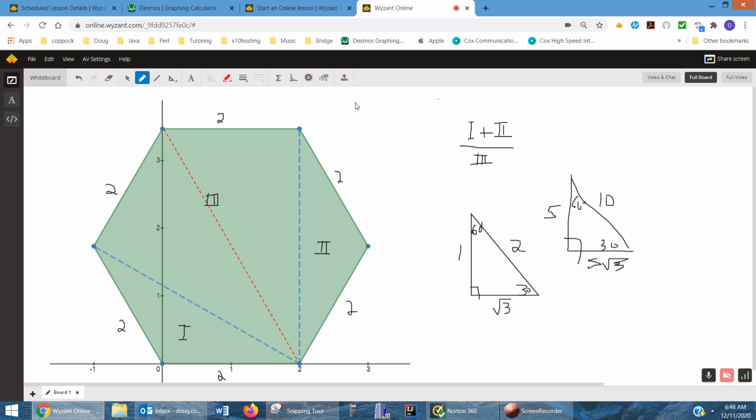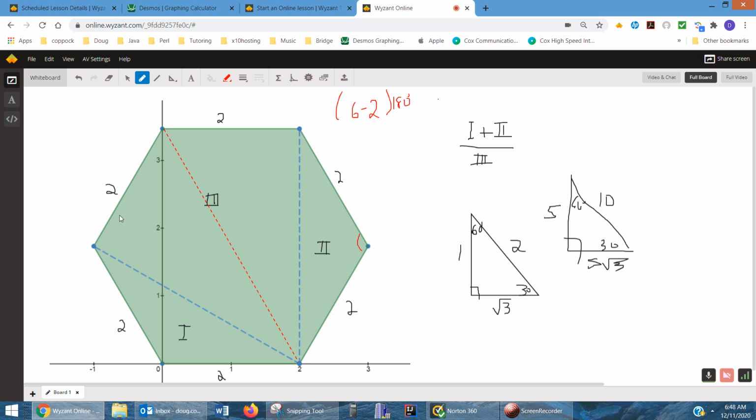So we have 6 minus 2, and this works for any polygon. The number of sides, take away 2, gives you the number of triangles. If you multiply that by 180, you've got the sum of all these interior angles right here.